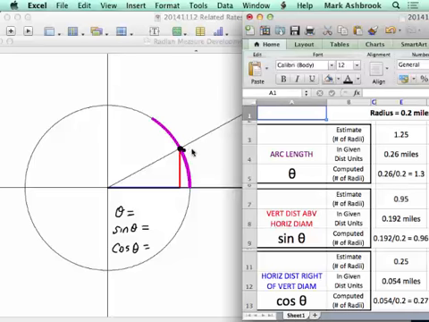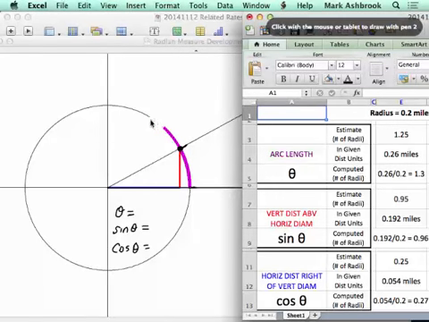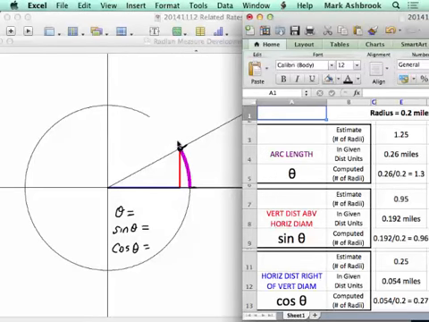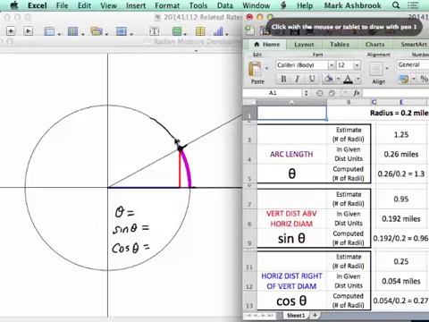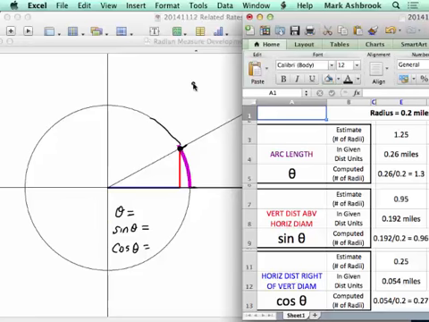So it's the arc length starting here, ending here. You're estimating theta, sine theta, and cosine theta.